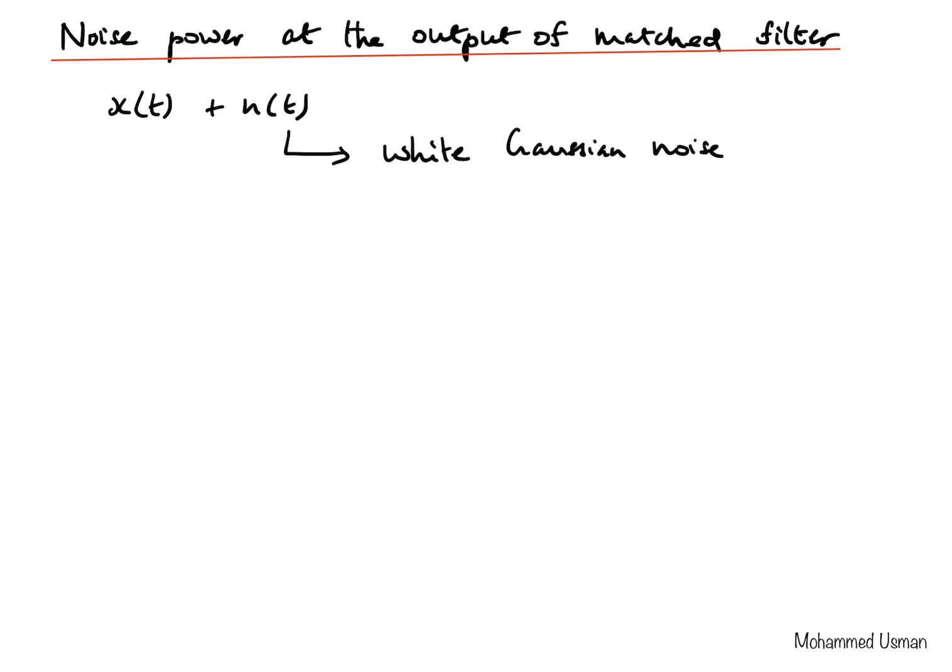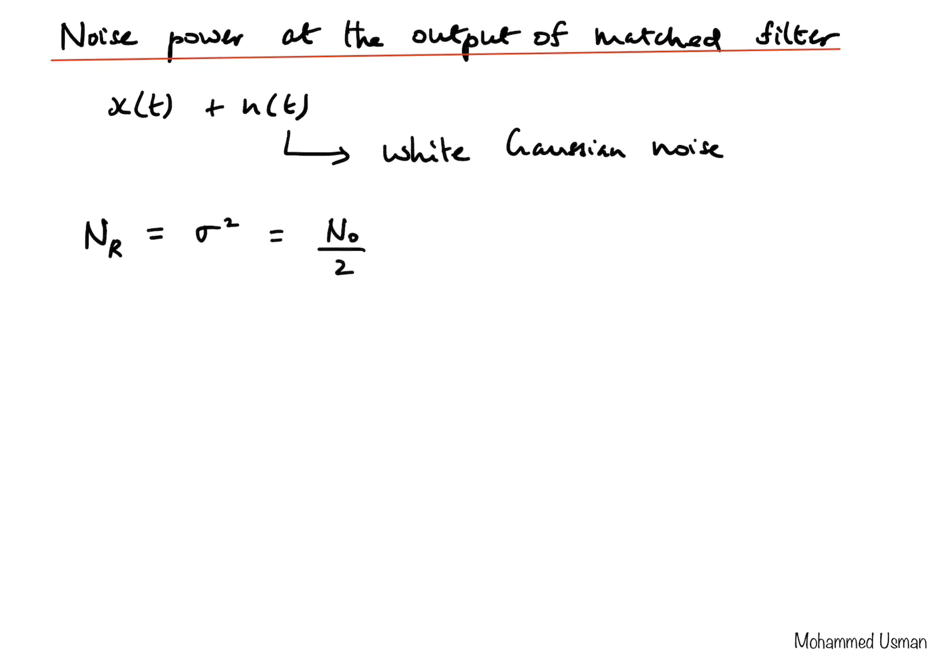Then the noise power at the output of the matched filter, we are going to write it as N_R. In fact we can write that as sigma square also, because for white noise, sigma square, the variance, represents the average power of random noise, right? We can compute that from the impulse response or frequency response of the matched filter.